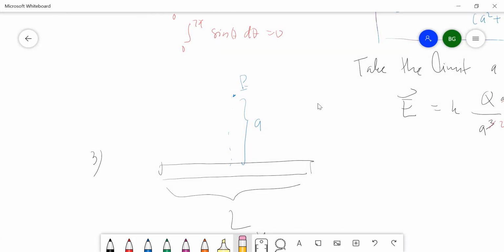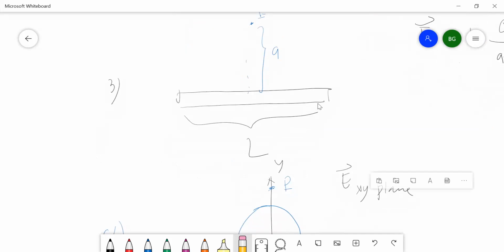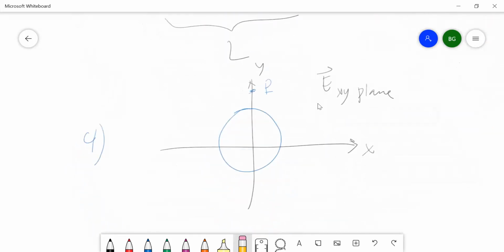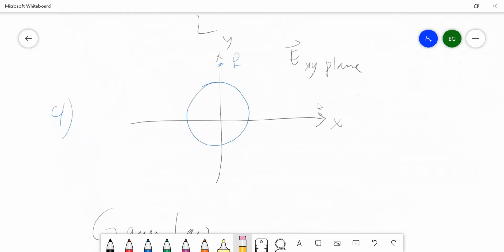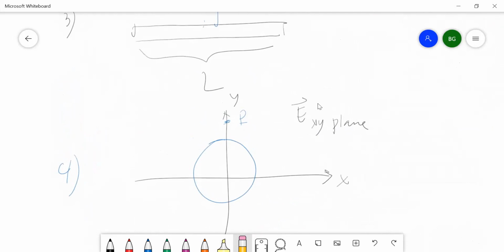This is the distance between the center of the rod, so basically this A here. And also the fourth, for example we have a ring, we consider the electric field on the y-axis, this point P on the y-axis. So this is the homework.